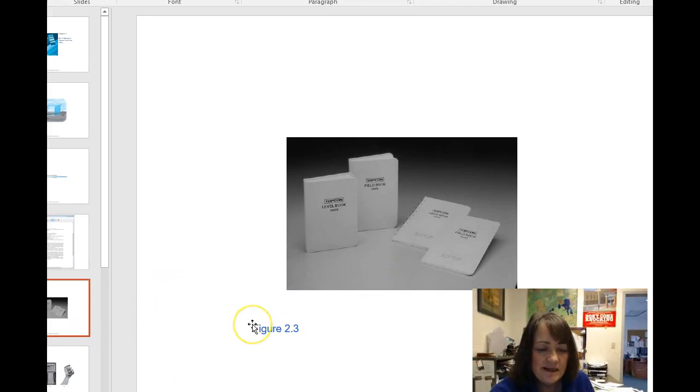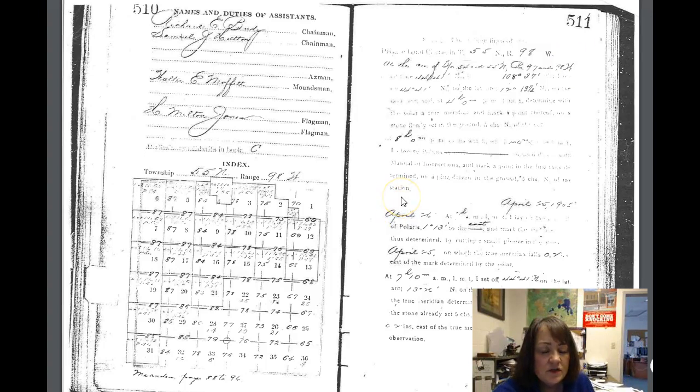So we were talking about field notebooks and why they're so important. Now, before we get into other forms of data collection, I want to show you a document that brings this to light. Now, let's see if I can find it here. Oh, here it is. Okay, so if you look on your screen right now, what you will see is a book from the Office of Cadastral Surveying with the Bureau of Land Management in Cheyenne, Wyoming.